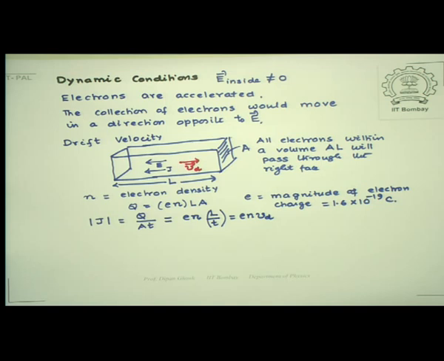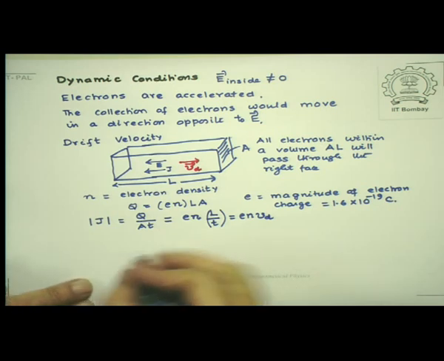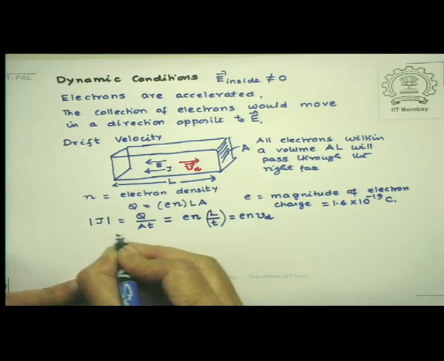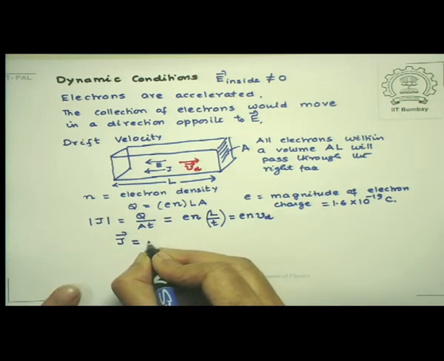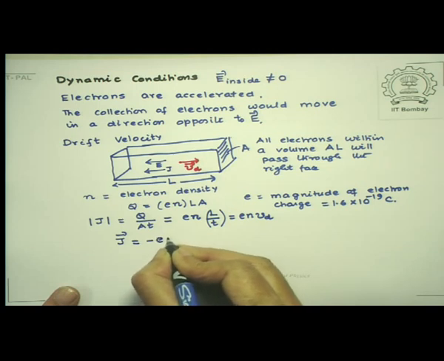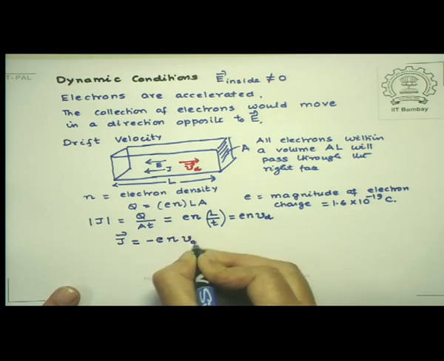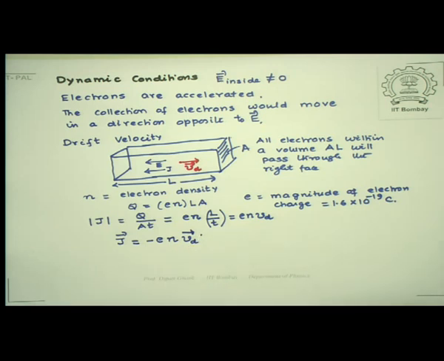Since the direction is opposite to that of the current density, I write my current density J as equal to minus E times n times Vd. The direction of the current density is opposite to the direction in which the electrons are moving.